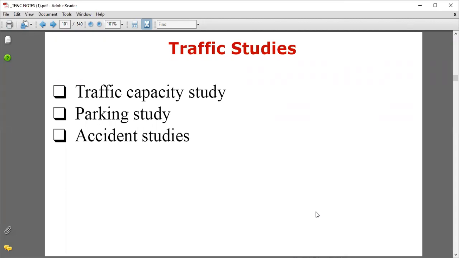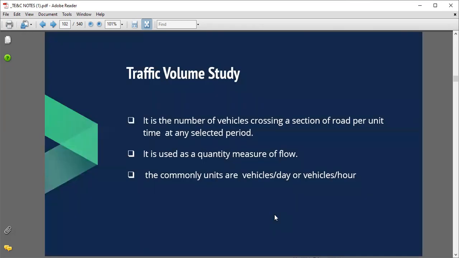Okay, so this is a very important part. We'll see what the traffic volume study is. In that, we will first study what the traffic volume study is. It is the number of vehicles crossing a section of road per unit time at any selected period.